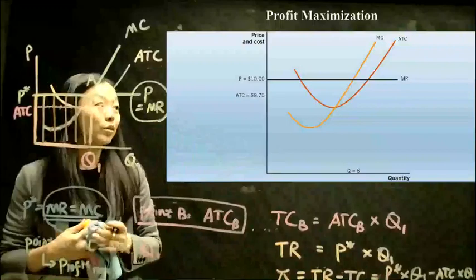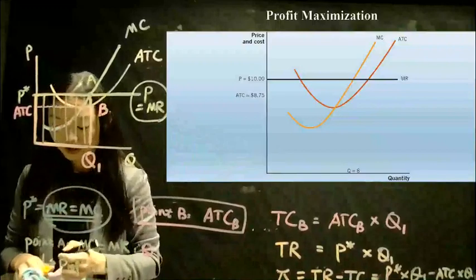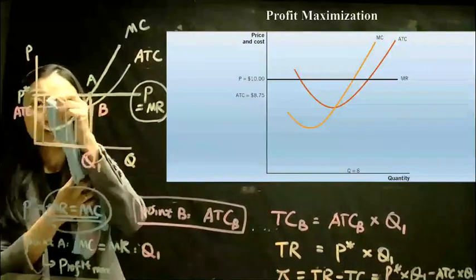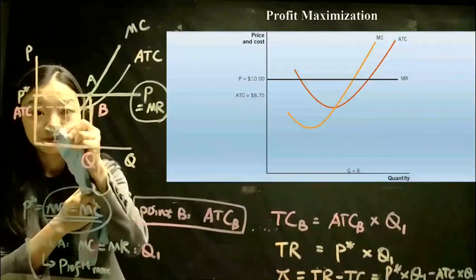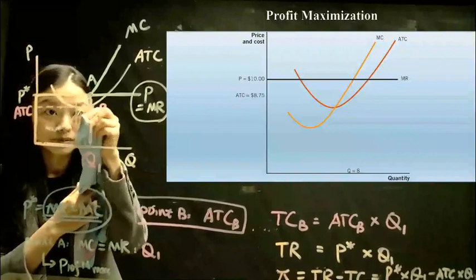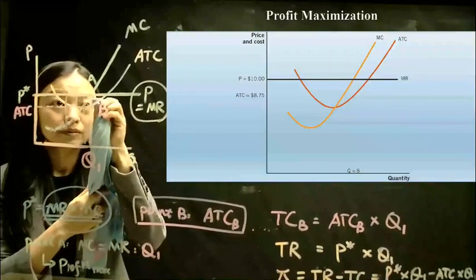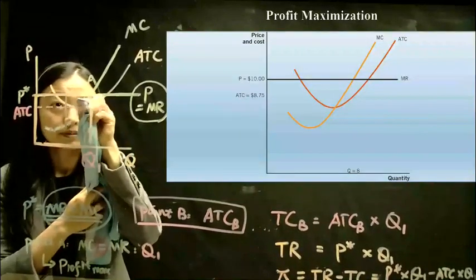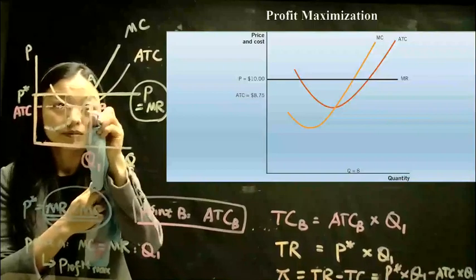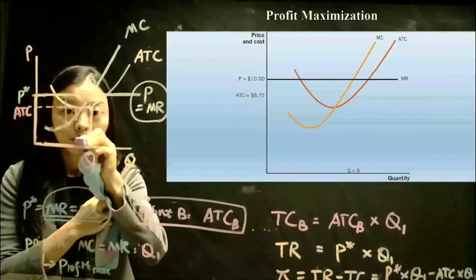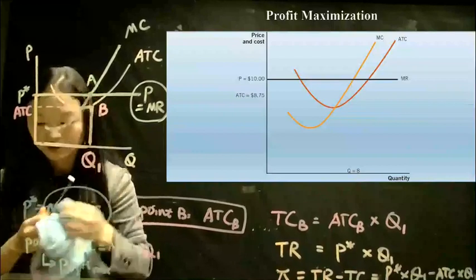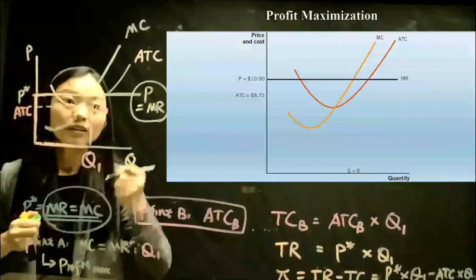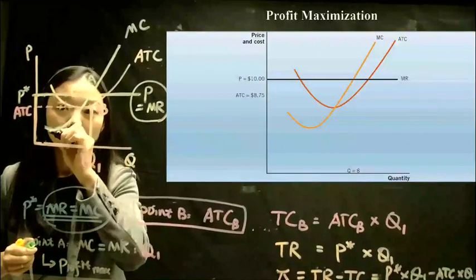Okay, so where can we show this profit in this graph? The profit in this graph, let me see. This is the marginal cost curve, okay?